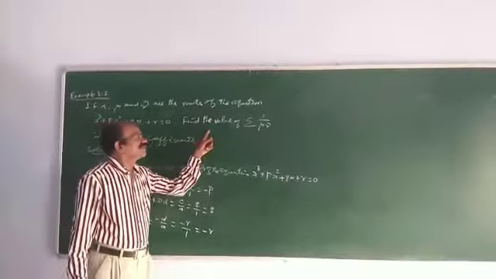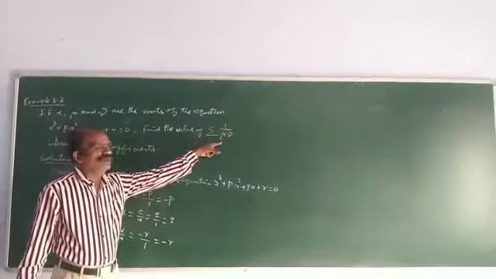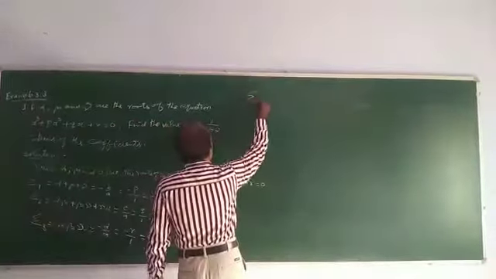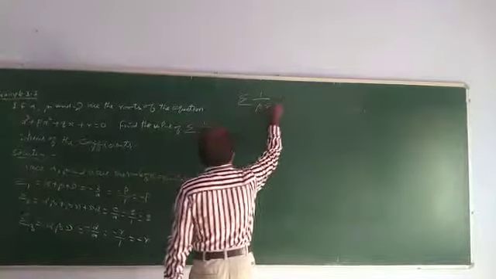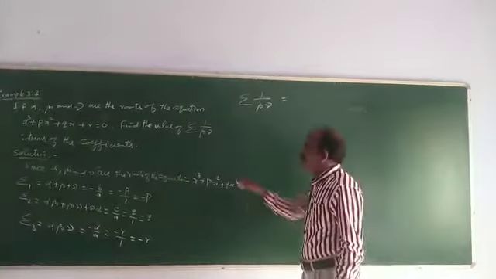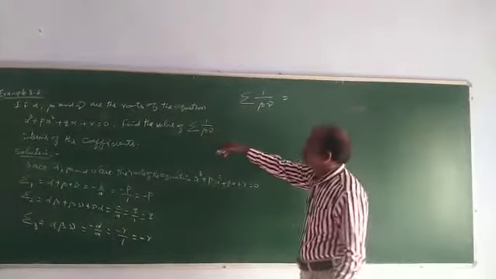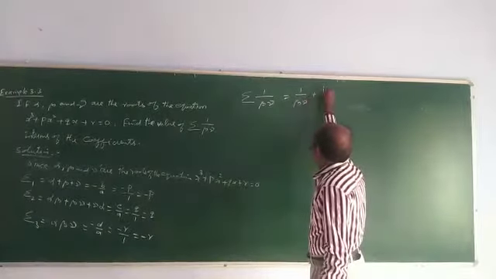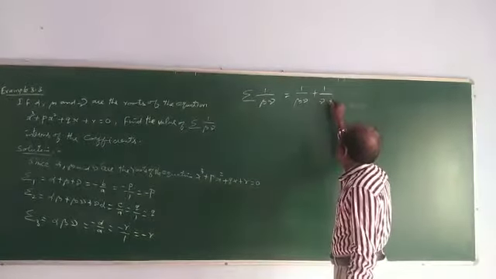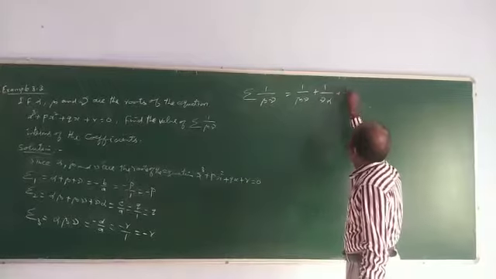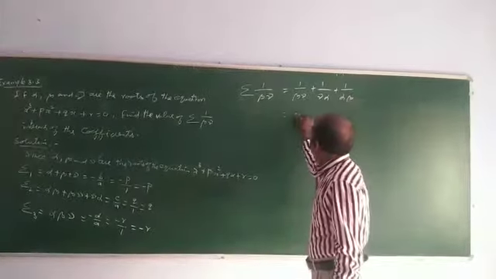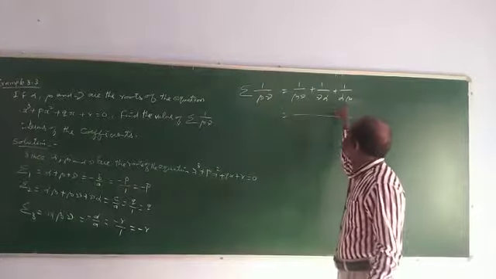Now we have to find out this value of sigma 1 by beta gamma. Sigma 1 by beta gamma equal to the summation of the reciprocals, that is 1 by beta gamma plus 1 by gamma alpha plus 1 by alpha beta. That is equal to, take the LCM for these three terms.